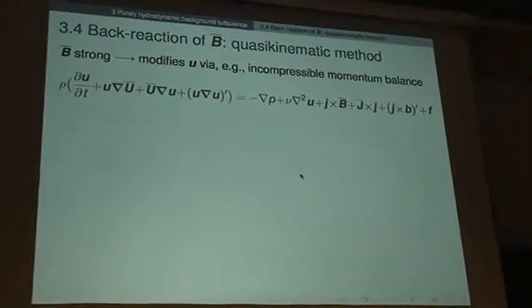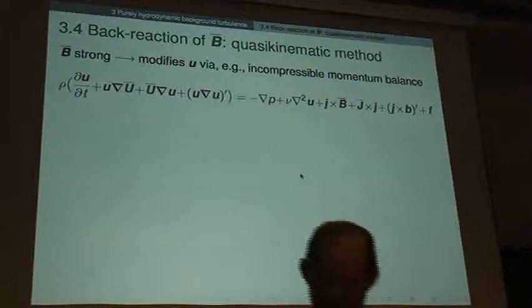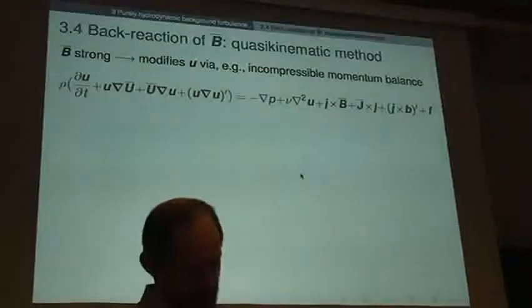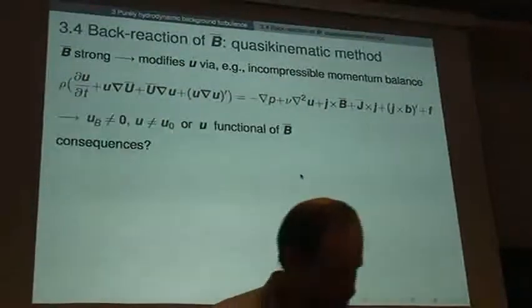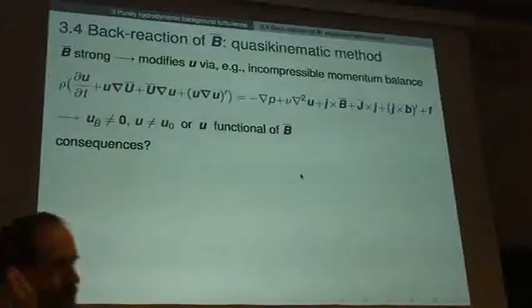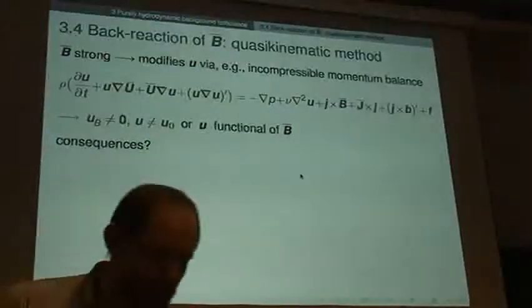Repeat exactly the same thing. Yeah, I think we could do that. But it hasn't been tested. I wouldn't like to speak about that today, but we are working on that. It's not analogous as yet because of the nonlinearity in the momentum equation. The induction equation is a linear function in B.